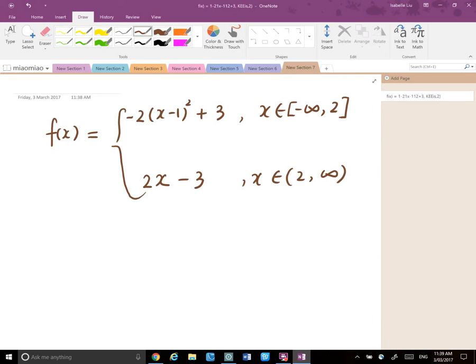Okay, we have this equation, and I want to sketch this.